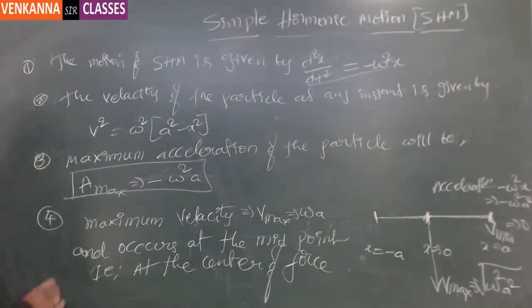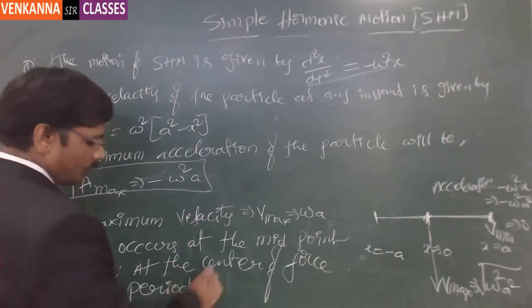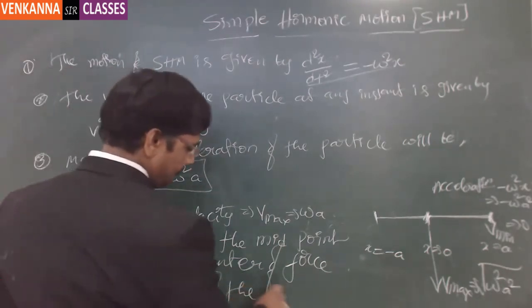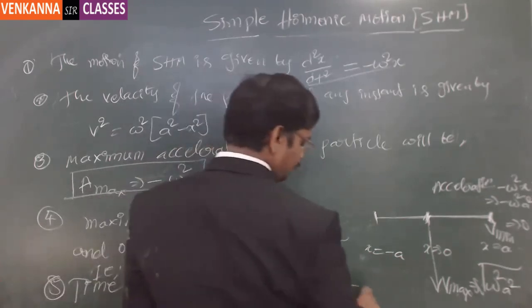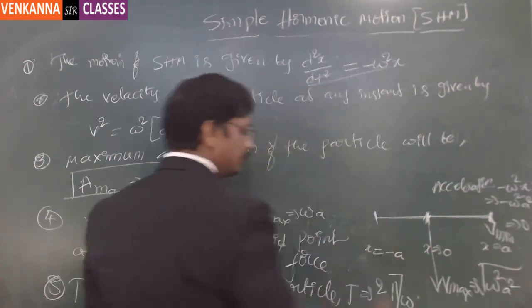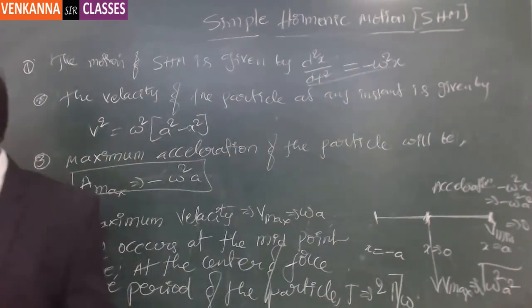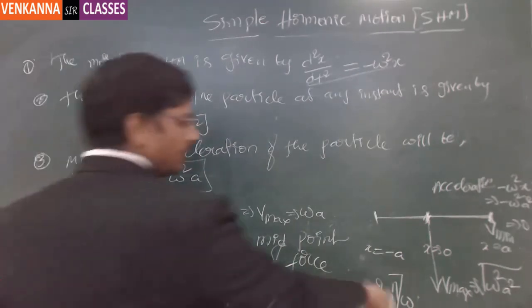And the time period of the particle, capital T, is equal to 2 pi by omega. So this is the time period. The frequency you can treat the other way.